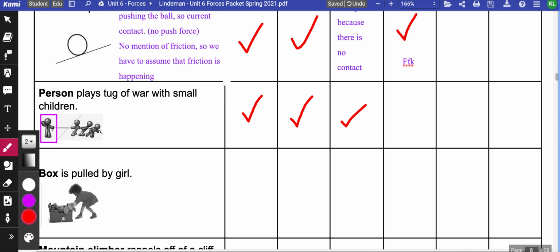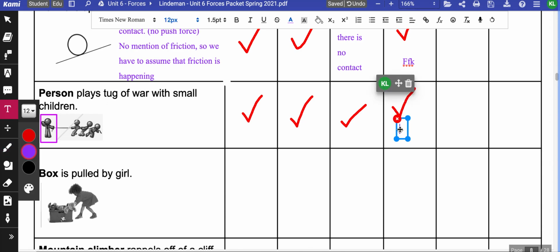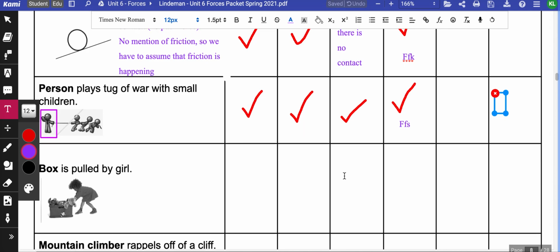The children are also pulling him. He is not in motion, so we have FFS. I feel like you do kind of have to have FFS, but again, depending on how you are talking about the situation. Also tension force for this one, it depends on how you are describing the situation, really.